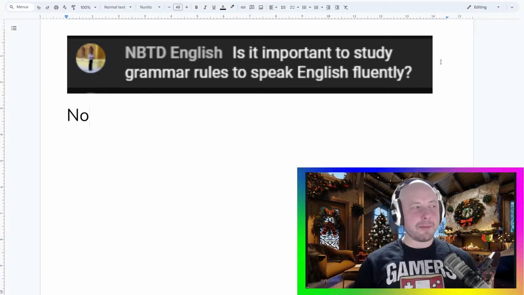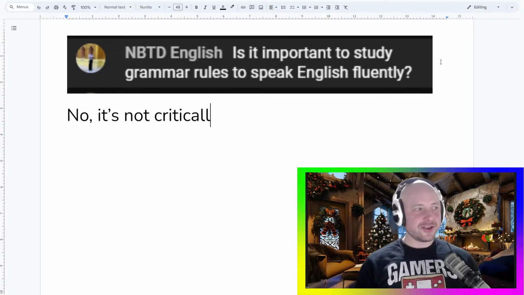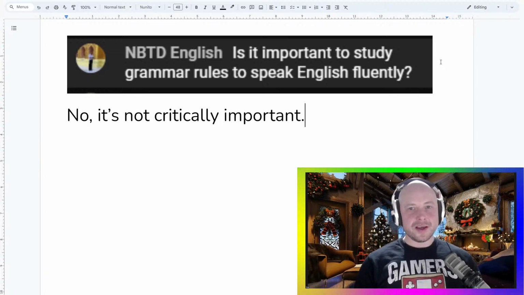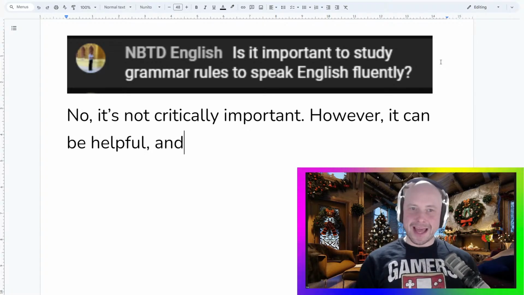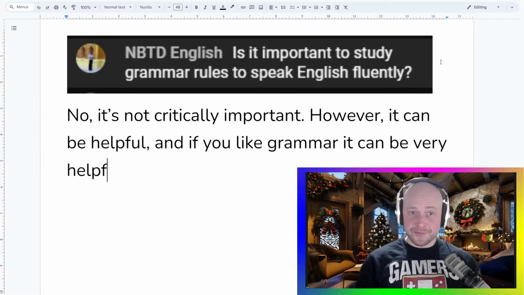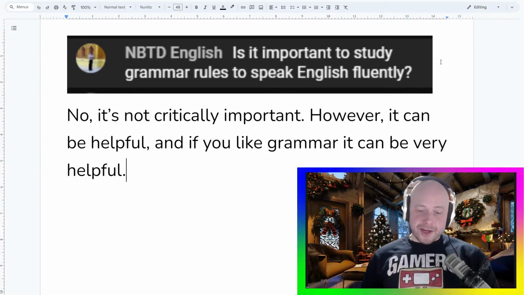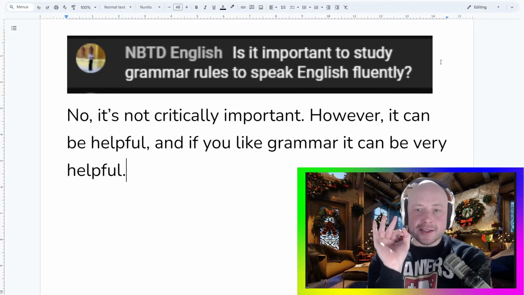I'm going to say no, it's not critically important. However, it can be helpful. And if you like grammar, it can be very helpful. So the point here is, if you don't like grammar, you don't need to study it.